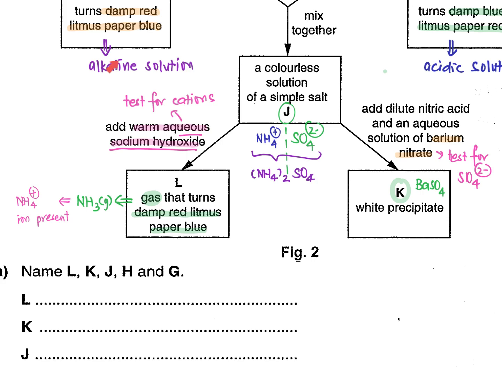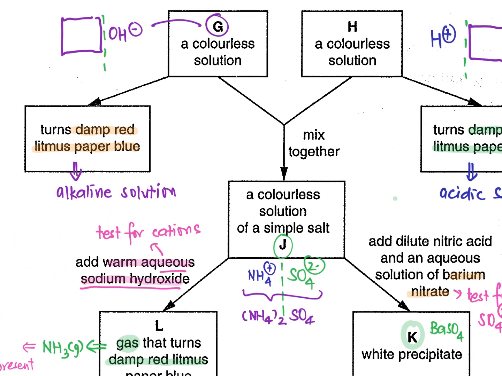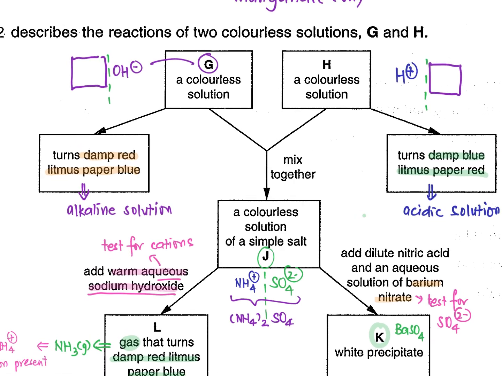Okay, now once you figure out what is your salt J, you can actually link it back to the earlier part of the flow chart. Your simple salt J is actually made when your acid reacted with your alkali. So the positive ion you figure out here is ammonium. This ammonium ion must come from either one of the solutions here.